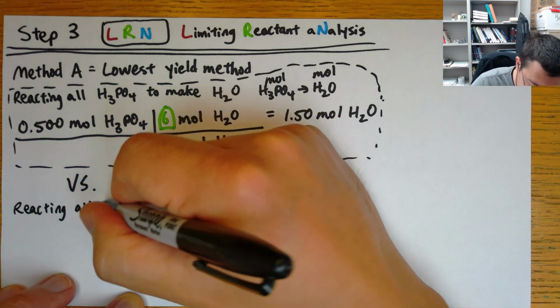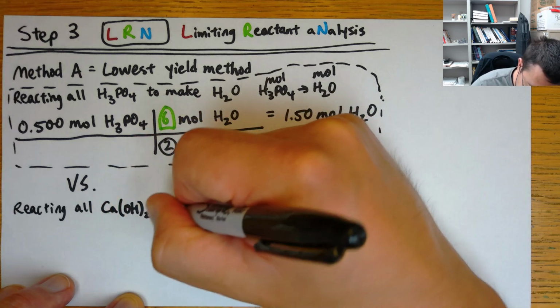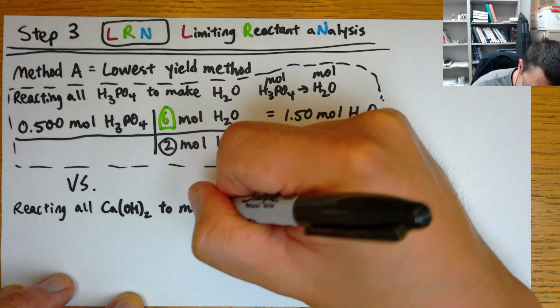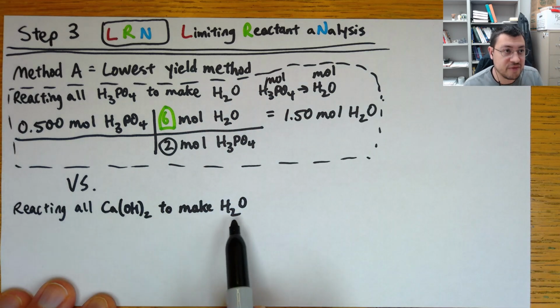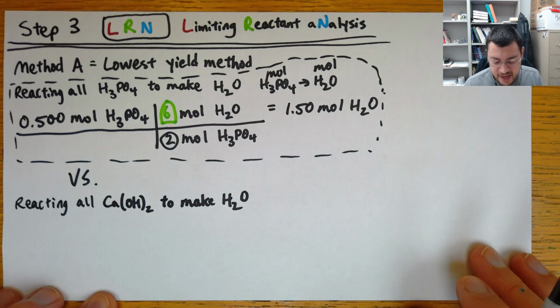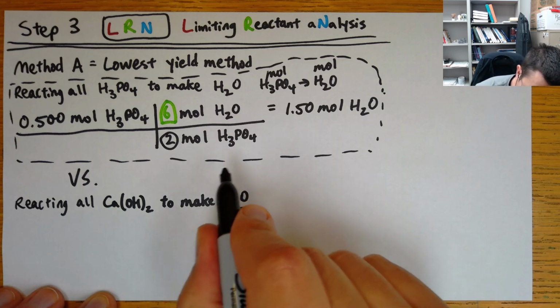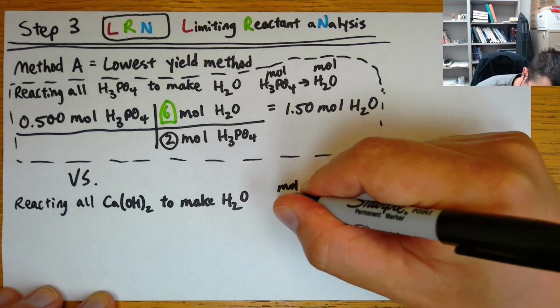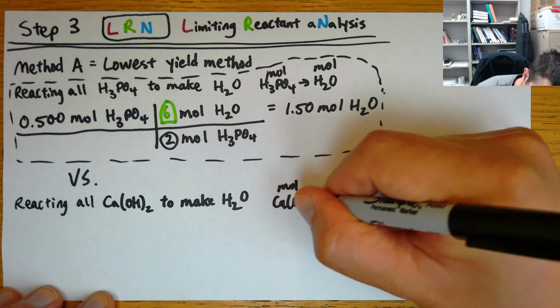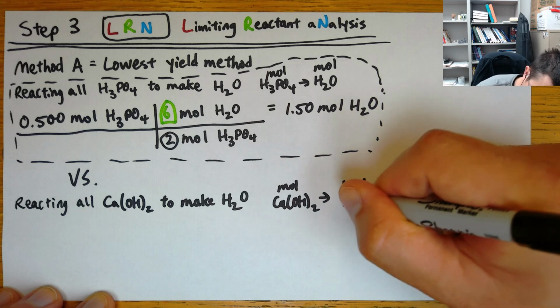Calcium hydroxide, to make water. Okay, so same destination of water. And again, I could have gone with calcium phosphate, but I just like to choose the first one. And yeah, so we're doing moles of calcium hydroxide to moles of H2O.